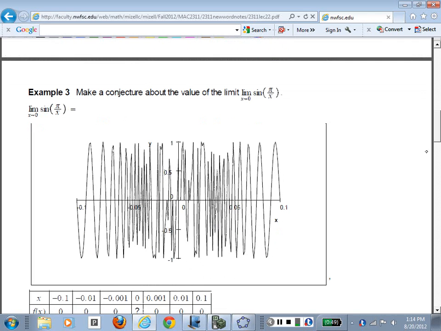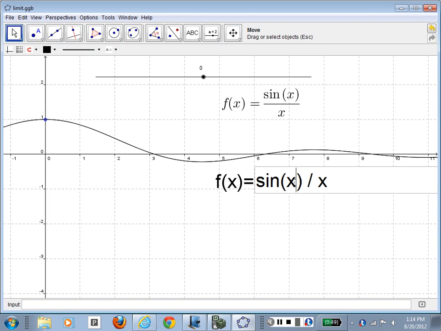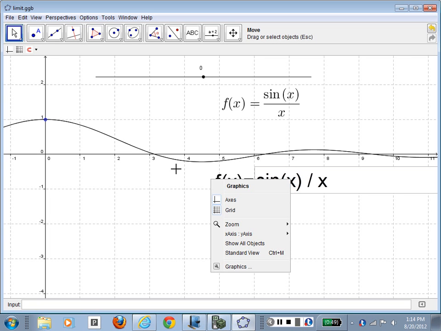Whoa. Sine of pi over x. That's kind of a rough Scientific Notebook generated graph. It looks equally rough when we see what's going on with GeoGebra. Sine of pi over x. Let's see, I actually have to scoot this over a little bit.